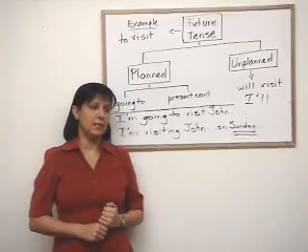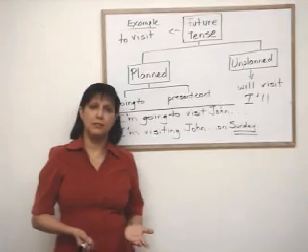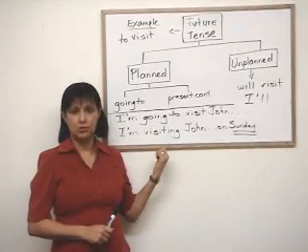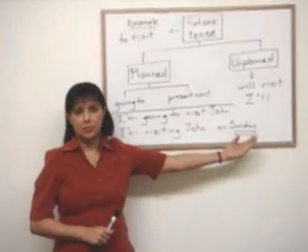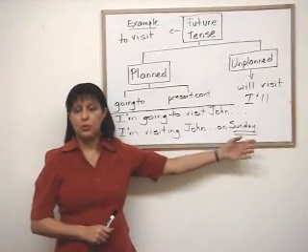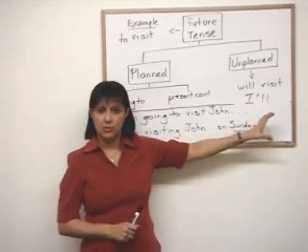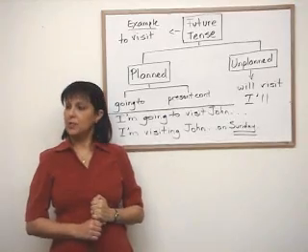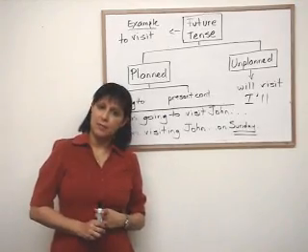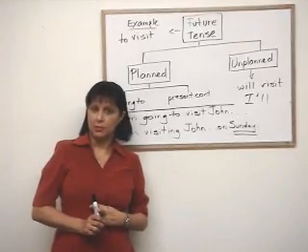All right? Now, it's possible that you could use both this and this in one sentence. How? Well, if somebody asks you what you're going to do on the weekend, there may be some things you've planned to do, and you know for sure, and there may be other things which you're not sure about, which may happen. These are certain, these are uncertain. So you could say, well, what am I doing this weekend? I'm going to visit my mother. This is planned. I'm going to have lunch with her.